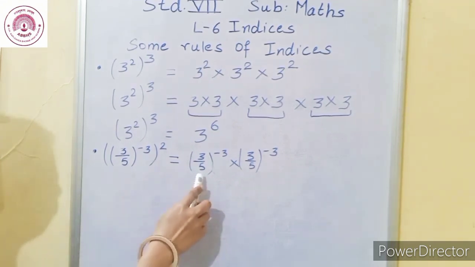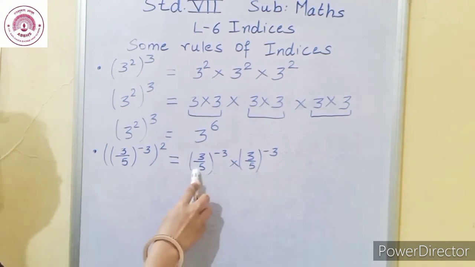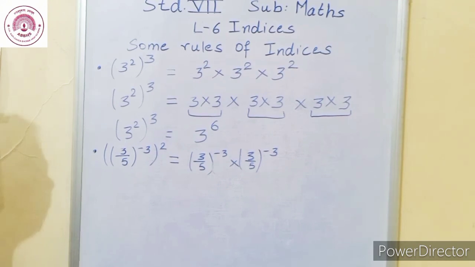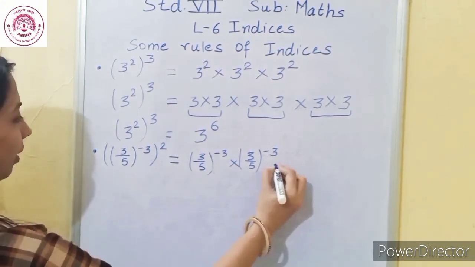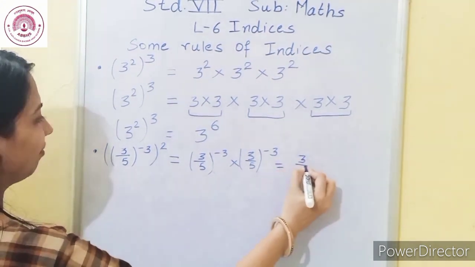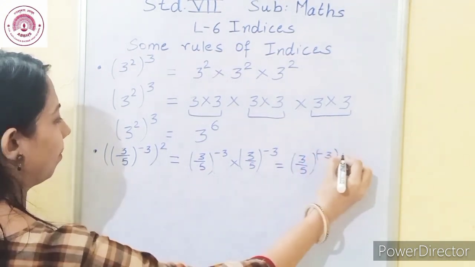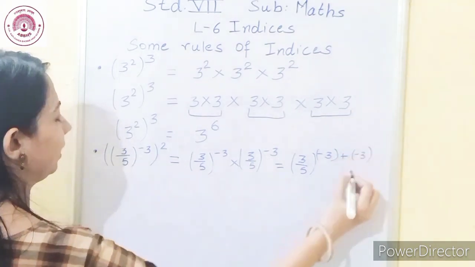Now, you can see these two are the indices having the same base. Base is 3 by 5. To multiply such indices, we simply add the exponents. So, 3 by 5 raised to the power minus 3 multiplied by 3 by 5 raised to the power minus 3 can be written as 3 by 5 raised to the power minus 3 plus minus 3.